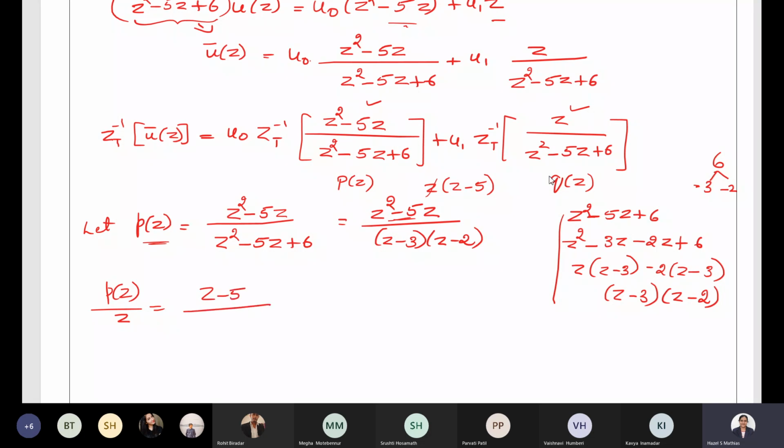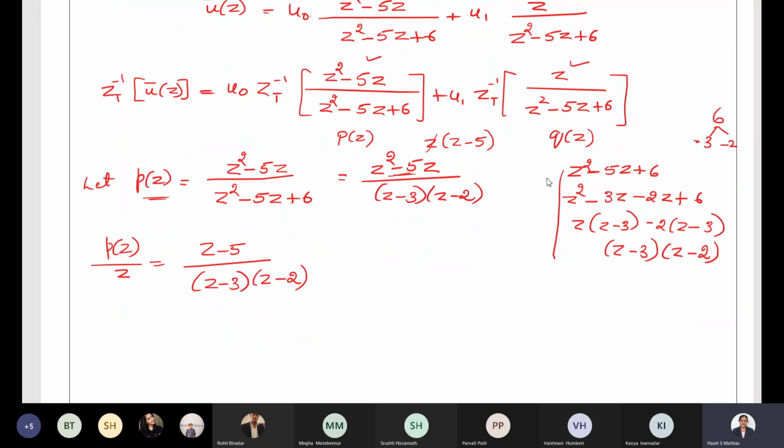Z minus 5 divided by z minus 3 into z minus 2 remains. Now, next step, you can write this as a divided by z minus 3 plus b divided by z minus 2. This is after applying the concept of partial fractions.